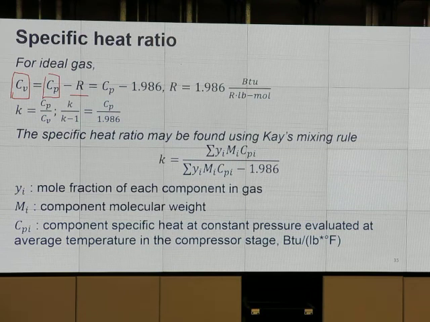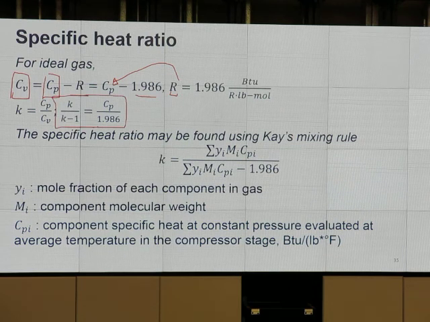If you don't know now, memorize it. So Cv is Cp minus R. And for ideal gas, we have K over K minus 1 equal to Cp over something. Alright? That's ideal gas.